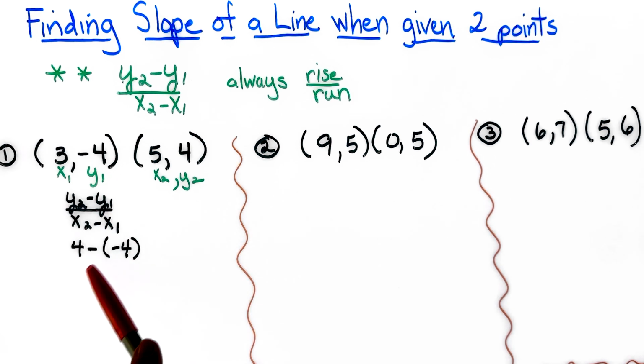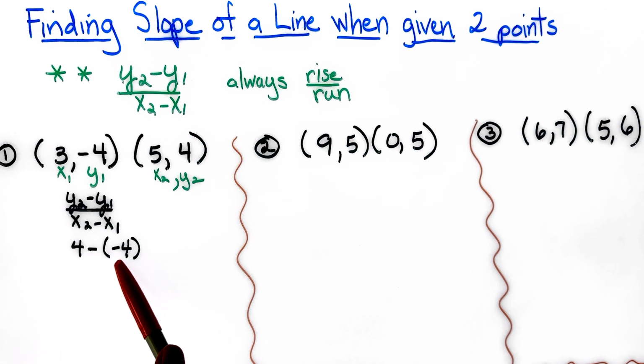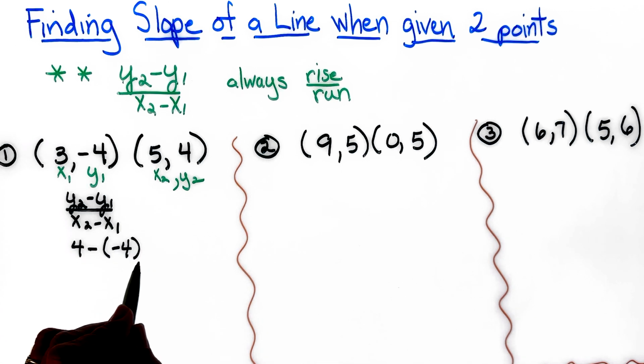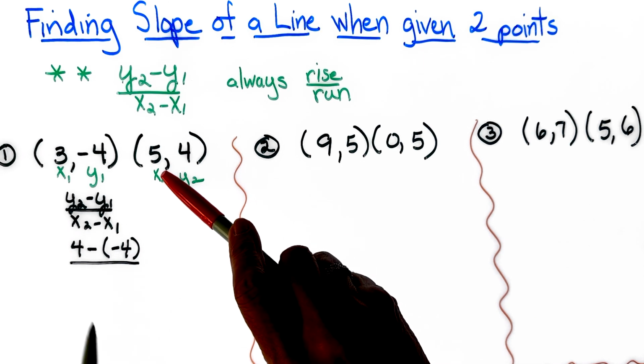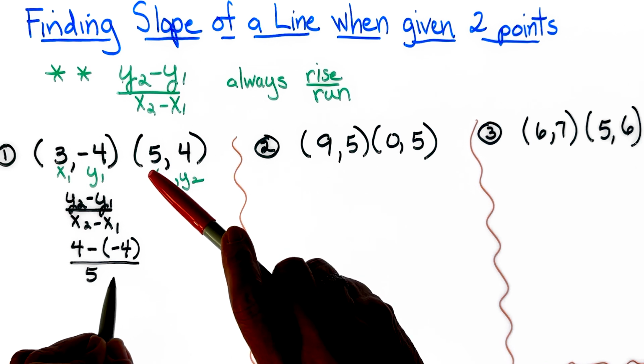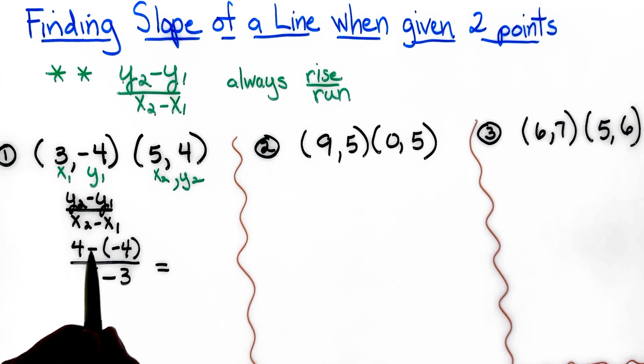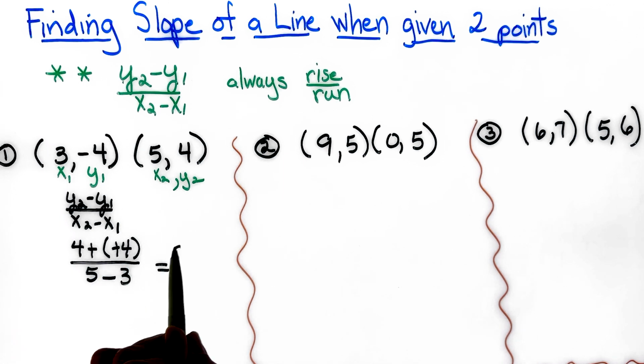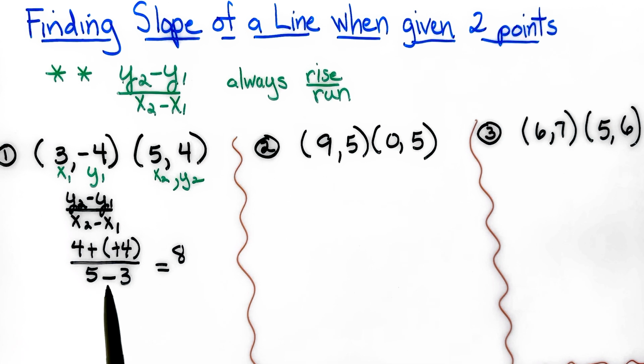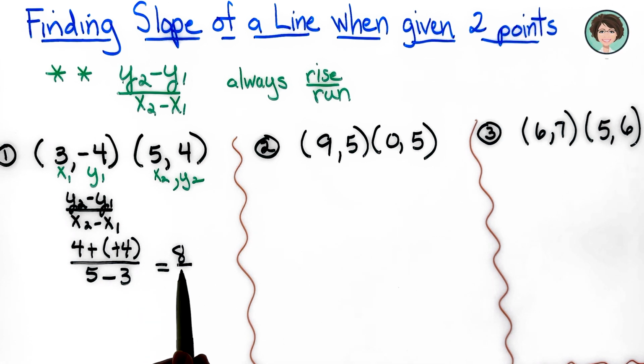So notice my subtraction sign, my negative 4, over my x2, which is 5, minus a 3. Now in order to simplify this, you know when you subtract, you always add the opposite. So you end up with a 4 plus 4, which is 8, and a 5 minus 3, which is 2.